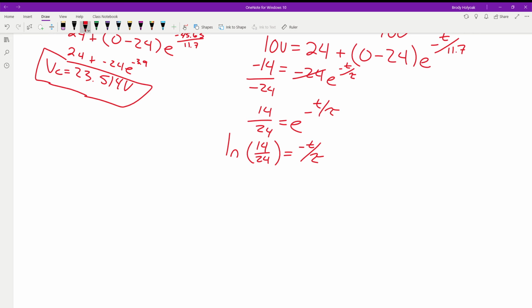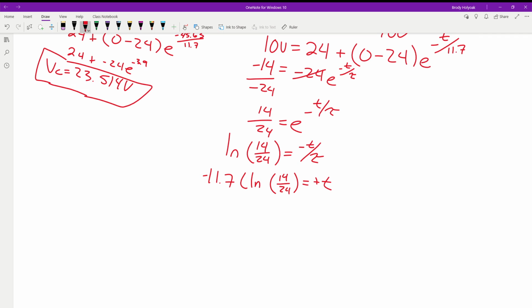We multiply both sides by tau. So we get 11.7 times the natural log of 14 over 24 is equal to time. We'll move the negative side over. And that's our equation to get us the time.